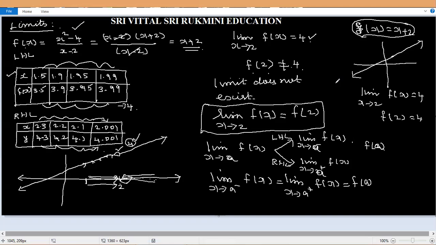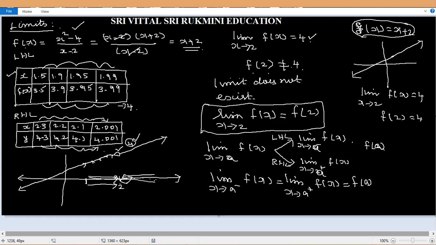It may reach 4 or it may not reach 4. It depends upon the f of 2 value. Here, the function is x square minus 4 by x minus 2. The left hand limit is approaching 4, the right hand limit is approaching 4. But f of 2 does not have the value 4. This is the first case, and we say that the function is not continuous.